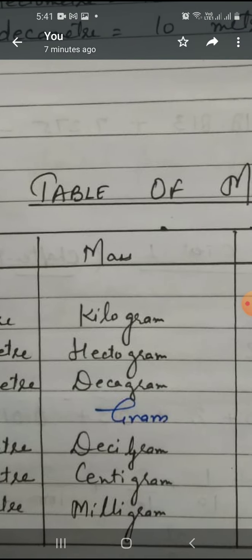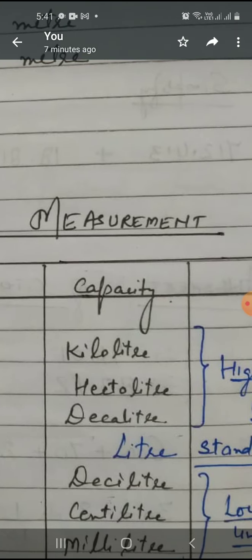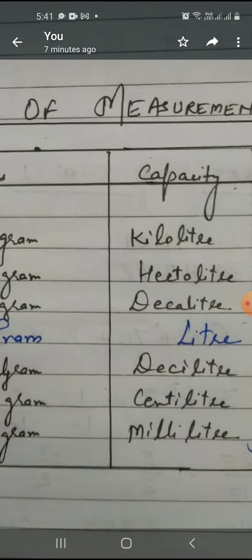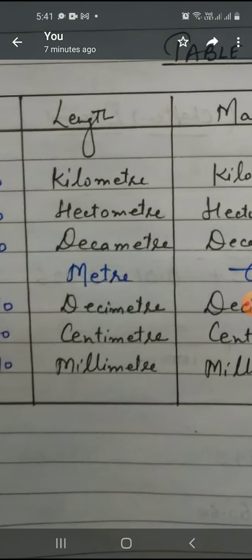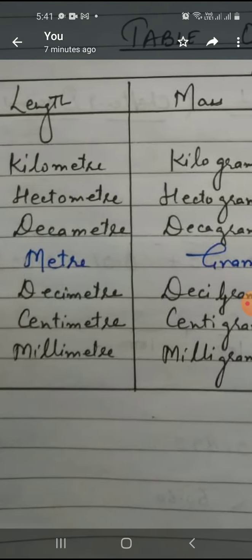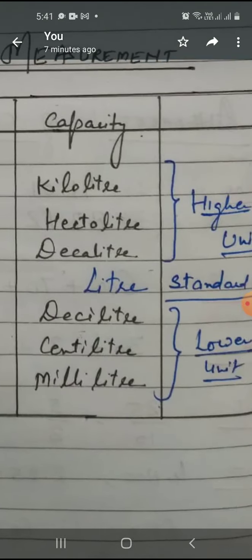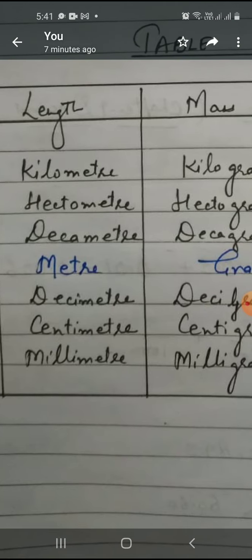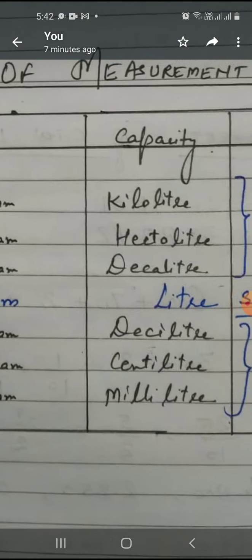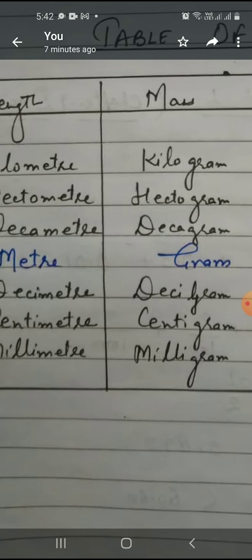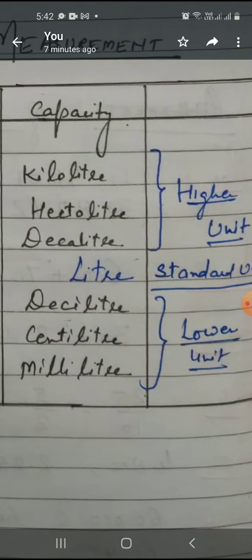When we measure gram, we call it kilogram. And when we measure capacity, we call it kiloliter. In the same way, hectometer, hectogram, hectoliter, decameter, decagram, decaliter, these all are higher units. You know very well, meter, gram and liter are standard units. Now decimeter, decigram, deciliter, centimeter, centigram, centiliter, millimeter, milligram and milliliter, these are lower units.